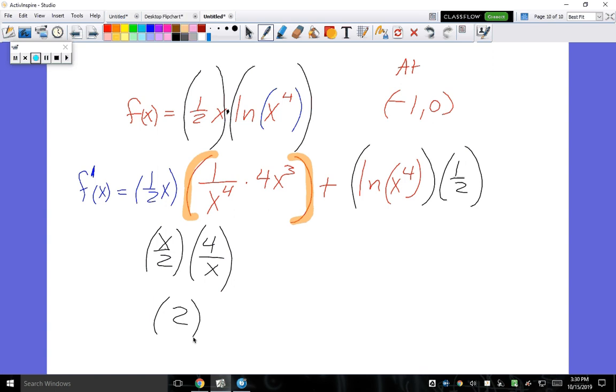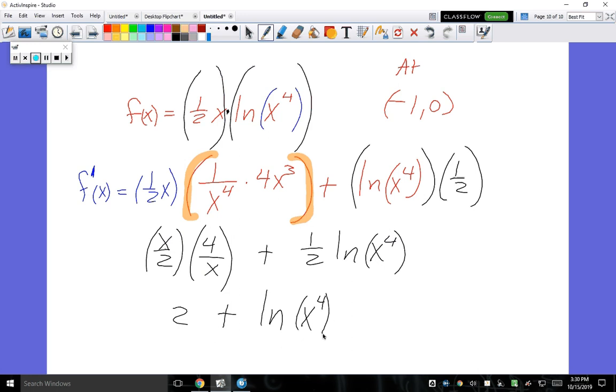So you don't need that parentheses. And then it's plus the natural log of x to the 4th times 1/2. It's the same as 1/2 times this, which is the same as natural log of x to the 4th to the 1/2, big parentheses, which is the same as the natural log of x squared.